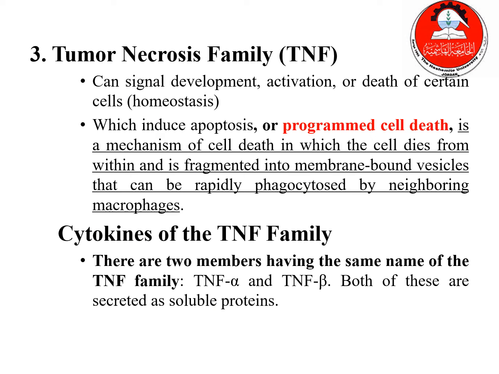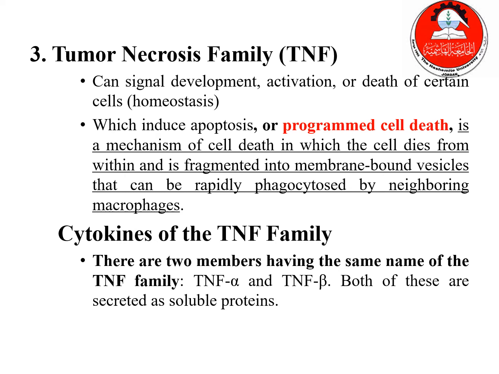The third type of cytokine family is the tumor necrosis factor family. It can signal development, activation, or death of certain cells, which induces apoptosis or programmed cell death. Tumor necrosis factor, from its name, leads to necrosis, where the cell dies by apoptosis.